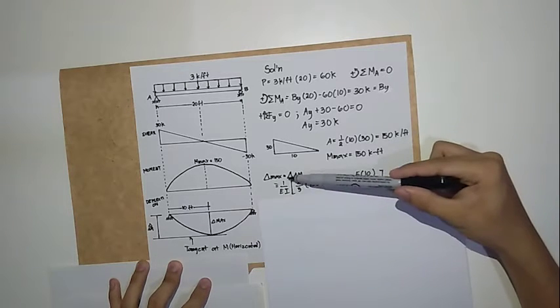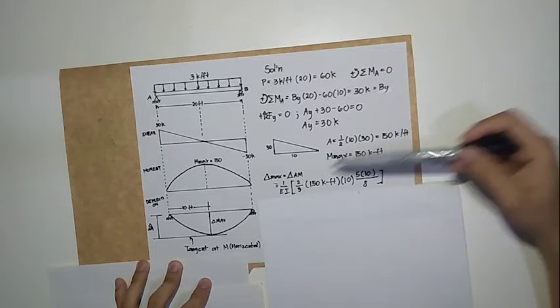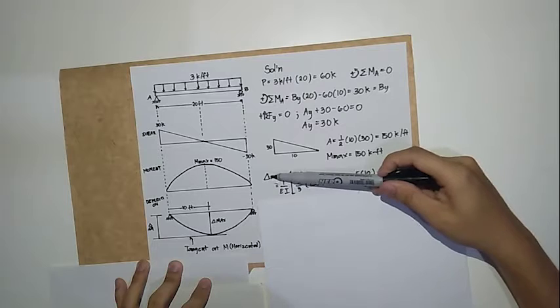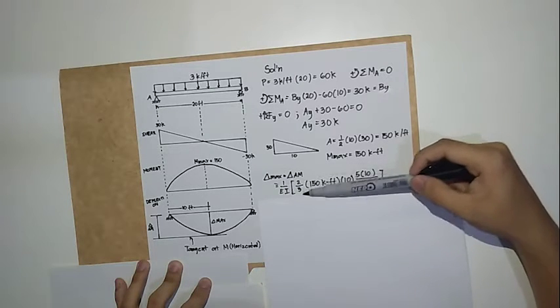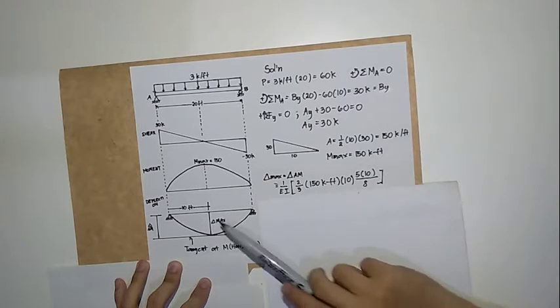So EI is equals to, so ang change in maximum deflection ay 1 over EI times 2/3 times 150 kips per feet times 10 na base.